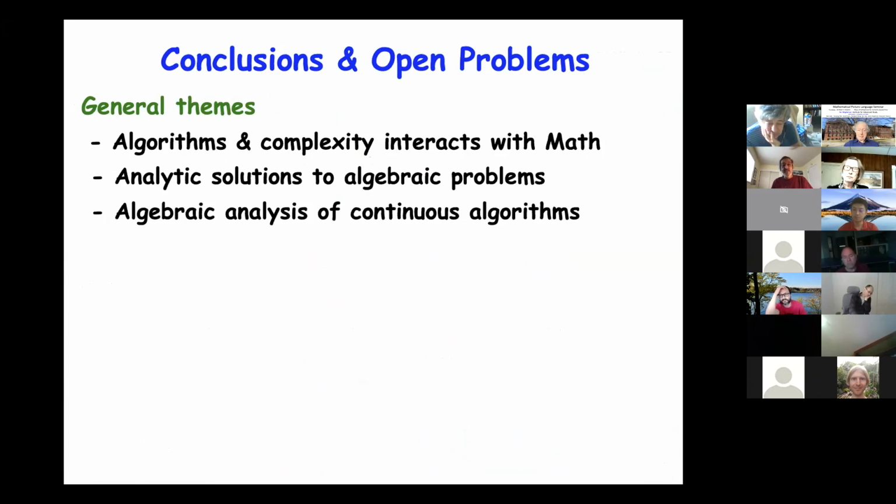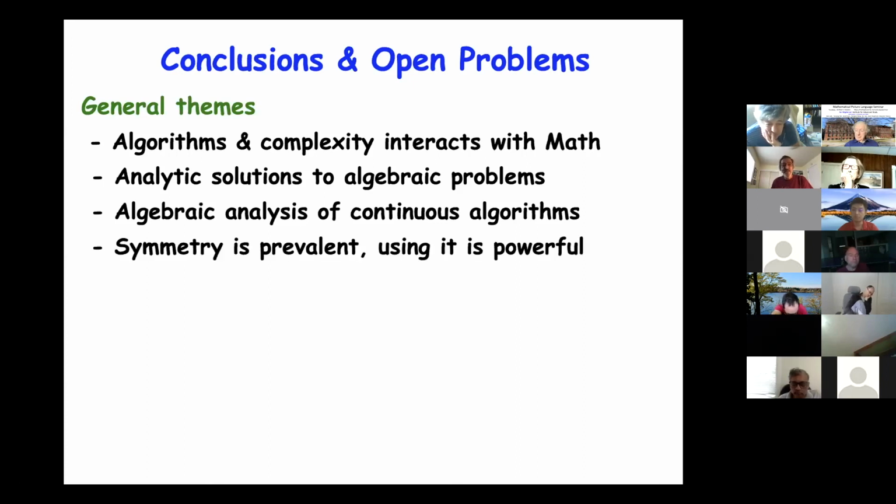There was a lot of interplay between analysis and algebra here. The algorithms, even though they solve algebraic problems, are sort of analytic dynamical systems. And even though they are continuous algorithms, we use algebra to analyze them. And of course, symmetry and group actions are prevalent, and many problems we know and love, not presented in this way, are like that.